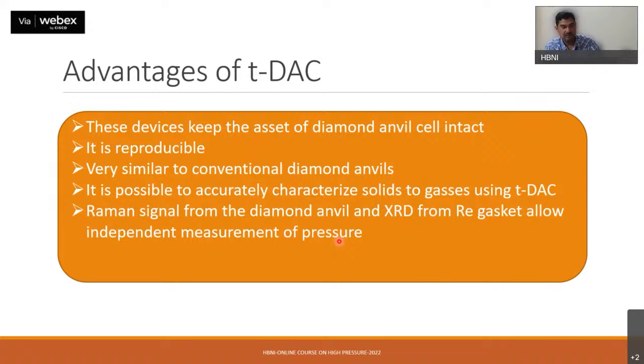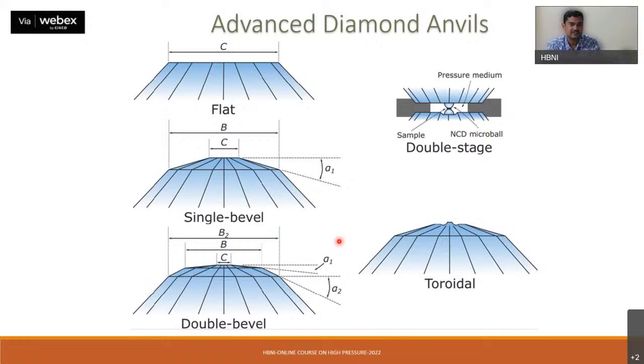So in a nutshell, we have this plethora of diamond anvil cells, starting from the flat culet with the larger size, like typical sizes are 300 micron to 400 micron. And then we graduate to the culet with the bevel, like single bevel. And then we further graduate to the culet with the double bevel.